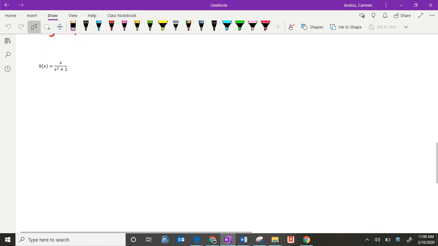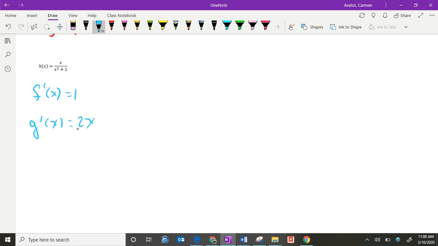Now I know I have to do the quotient rule on here because it has a numerator and a denominator. So the numerator is going to be our f of x and our denominator is our g of x. So when we use the quotient rule, I know that I'm going to need the derivative of f of x, which is just going to be 1, and then the derivative of g of x, which is just going to be 2x.